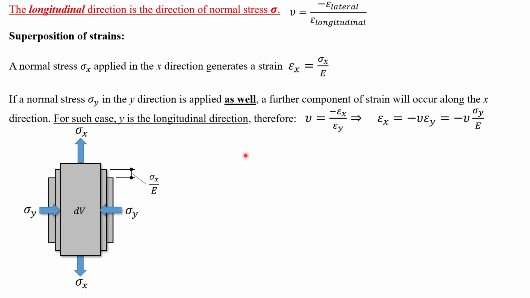Pulling it that way, but we're also compressing it this way here. In such a case, y is the longitudinal direction. Therefore, Poisson's ratio, that would make sense. That's the lateral, that's the longitudinal.